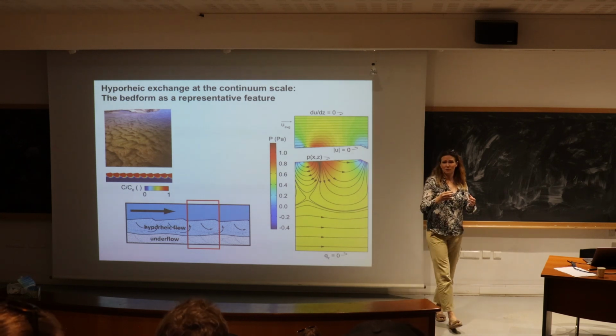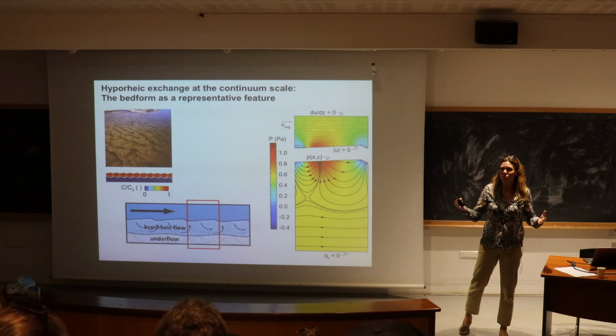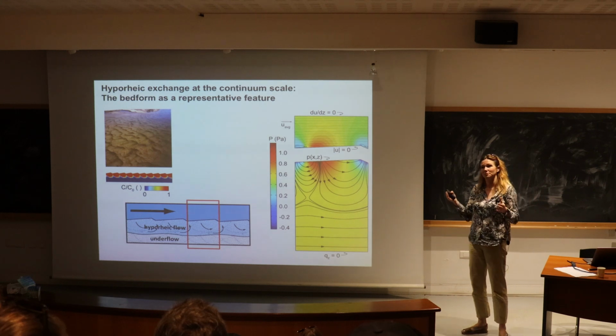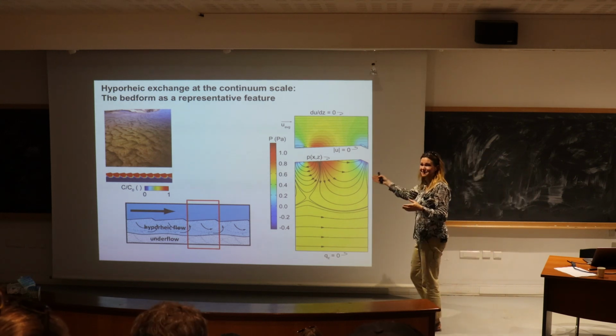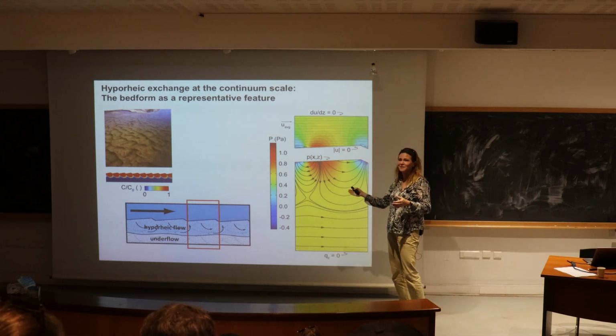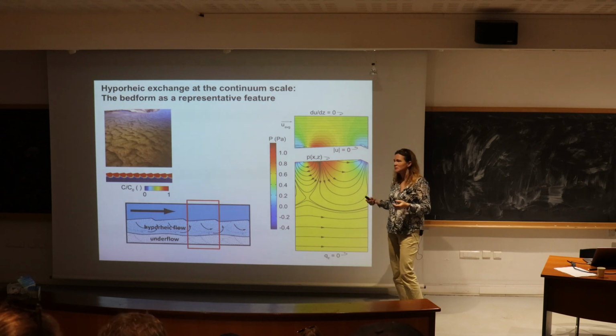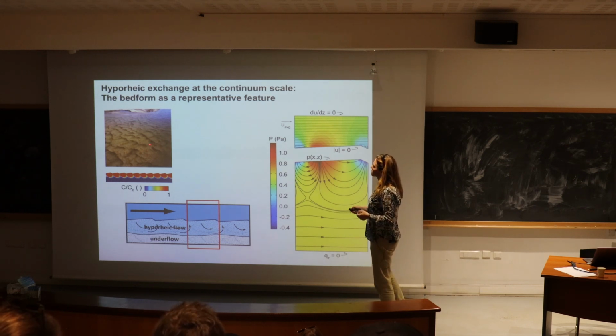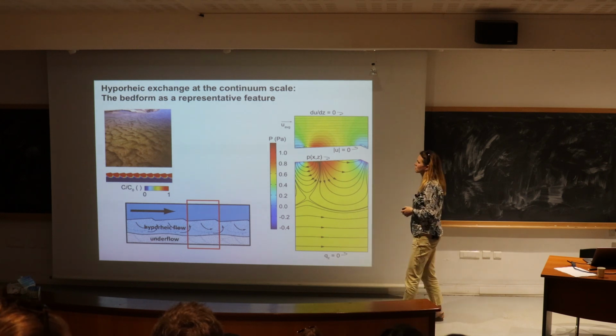And they have basically ripples or dunes. If you're a sedimentologist, you spend time classifying these things and how they form and how they move, but they're all self-similar. And so we can use the bed form as a representative element for thinking about fluid flow and solute transport through the bed.